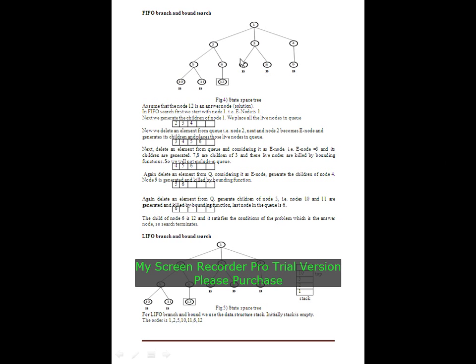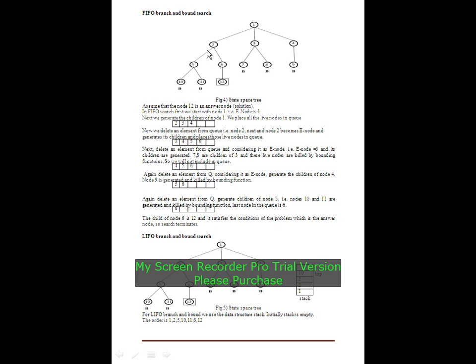FIFO based branch and bound technique means when we are constructing the state space tree using branch and bound, here we always have to expand nodes using breadth first search, that is first in first out. So here we are expanding node 1 and next nodes 2, 3, 4, all the branches available from node 1, and next go through the expansion from left to right.